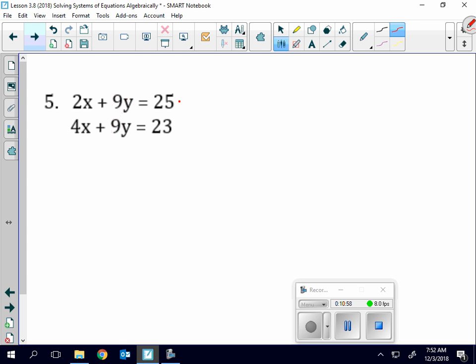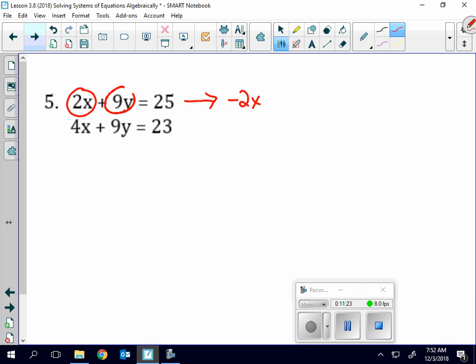It doesn't matter if you take the top one or the bottom one, and we're going to multiply it through by a negative 1. And all that does is change all the signs. So let's do it to number 1. So the first equation. So I'm going to rewrite this over here. I'm writing an arrow. Draw that like me. Okay, so we're just changing all the signs. So the positive 2x becomes a negative 2x.